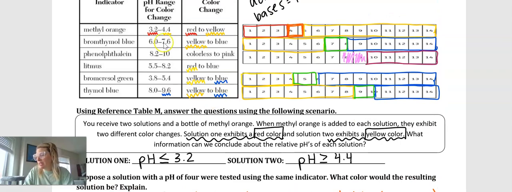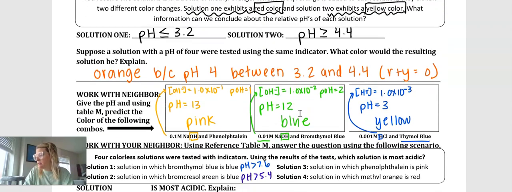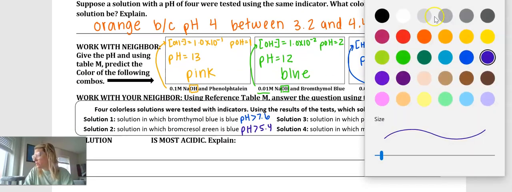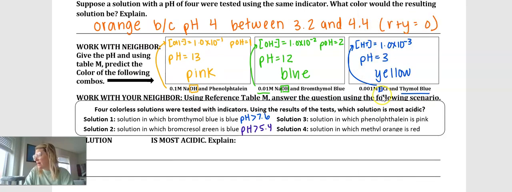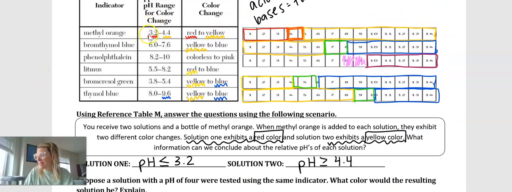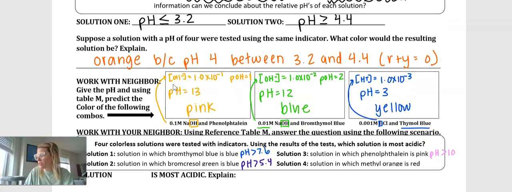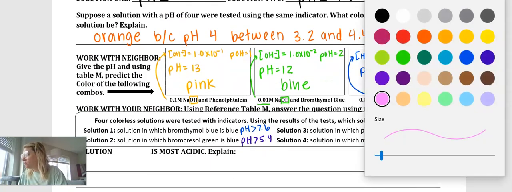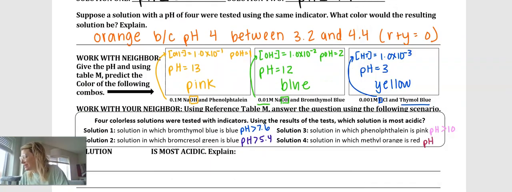Phenolphthalein is pink above a 10, so for solution 3, pH is greater than 10. And for solution 4, methyl orange is red. Methyl orange is red when the pH is less than 3.2. So pH is less than 3.2.